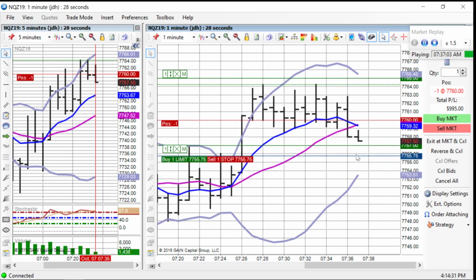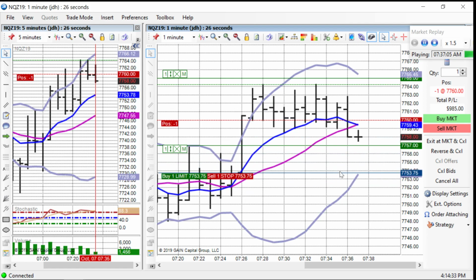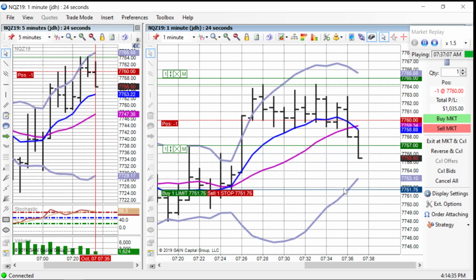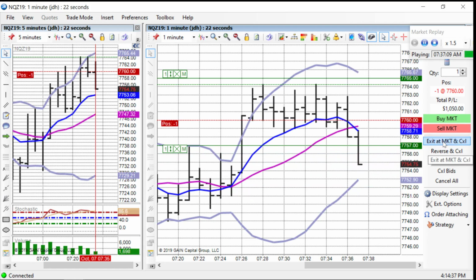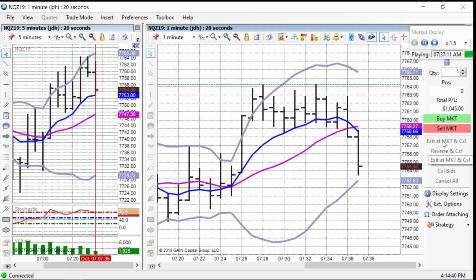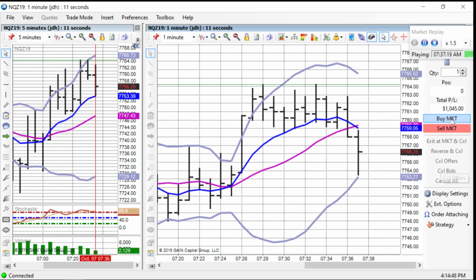See how the volatility is decreasing. The bands are becoming farther apart. Now it's not getting me out of the trade when I hit my target there. Like I said, I've never had those kinds of problems in an actual live trade. These are just glitches associated with the market replay program.